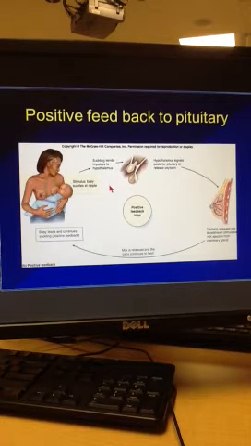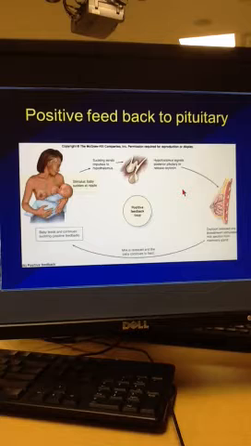And prolactin leads to the synthesis, increased production of milk by the mother's breast. The other place where this occurs is in delivery. When a pregnant woman begins to have uterine contractions, the feedback to her hypothalamus leads to the release of oxytocin. Oxytocin acts on the uterus to increase the contractions, and as a result, that will speed up the delivery process.